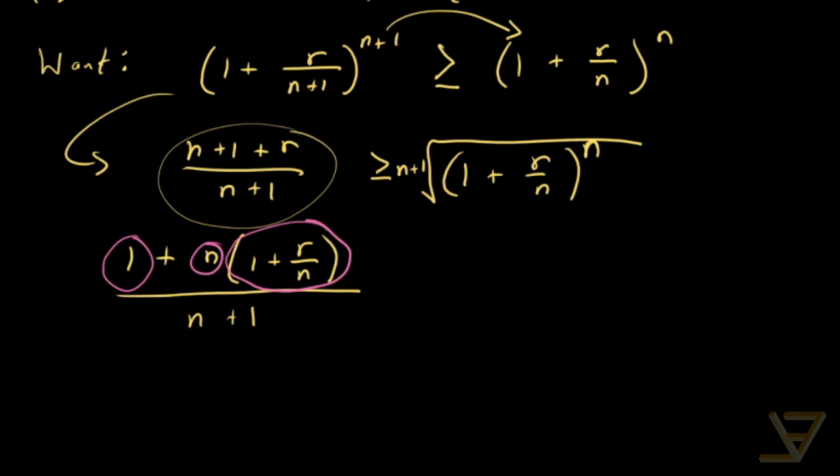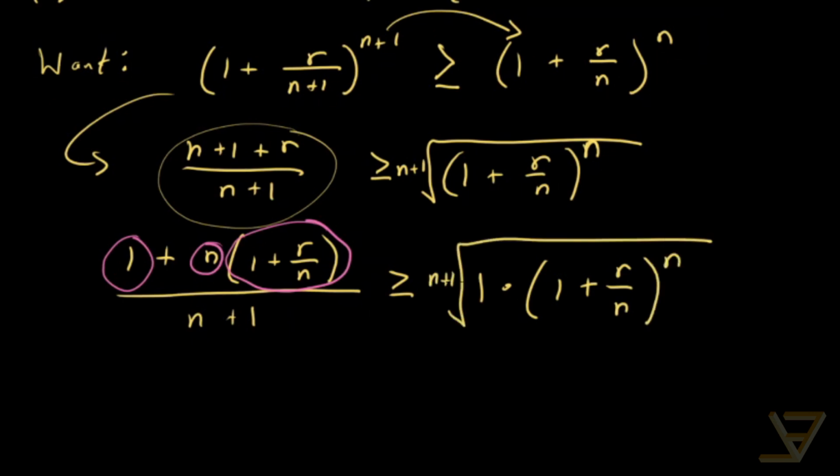And we can rewrite the right side. For those of you who know the AM-GM inequality, you'll see what I'm getting at. 1 plus r over n to the power of n, root n plus 1. And this is simply the AM-GM inequality. So for those of you who haven't seen AM-GM before, let me write it for you.